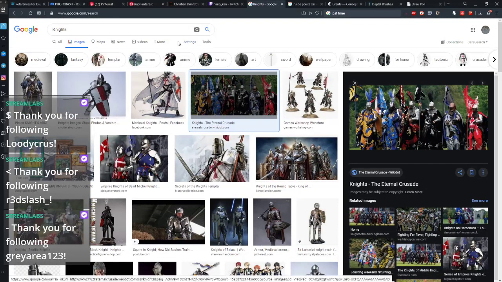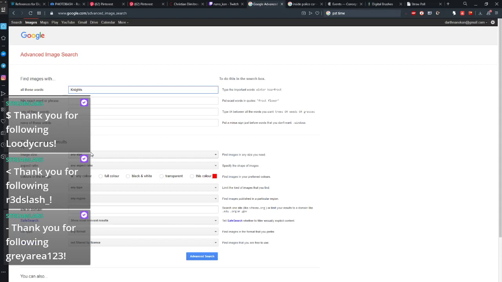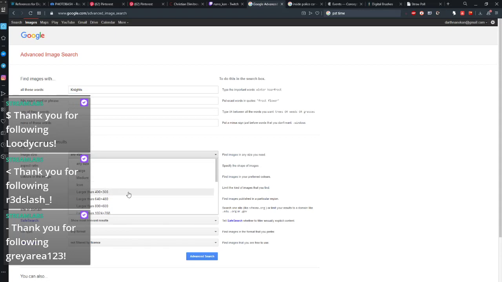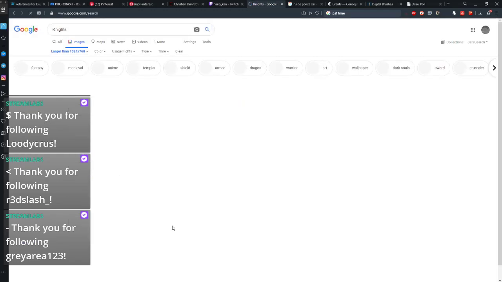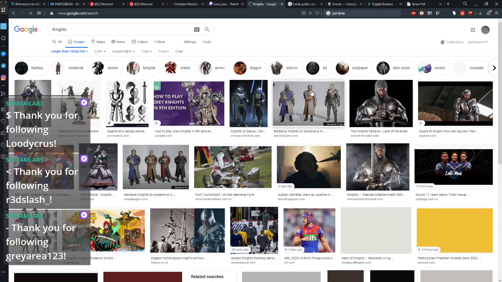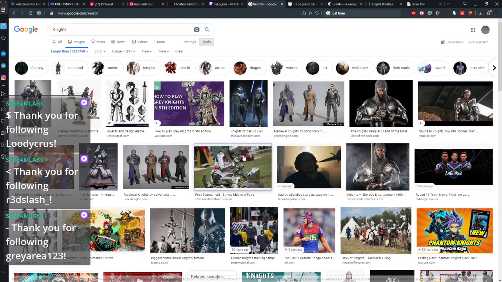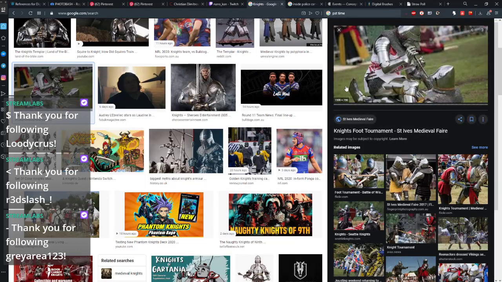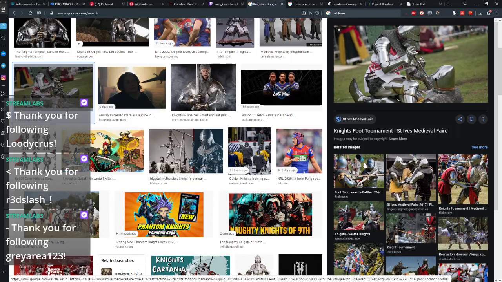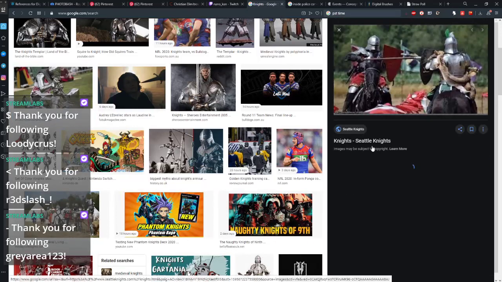We can actually change it under settings and advanced search. And here you can make the sizes a little bit larger. So we press on it. Now the resolution is a little bit bigger. Now it's 1500K. And it gets bigger and bigger.